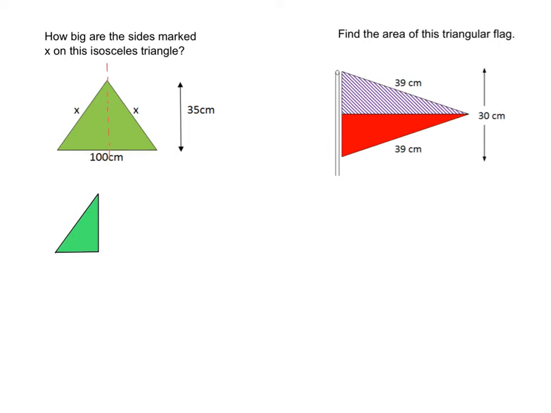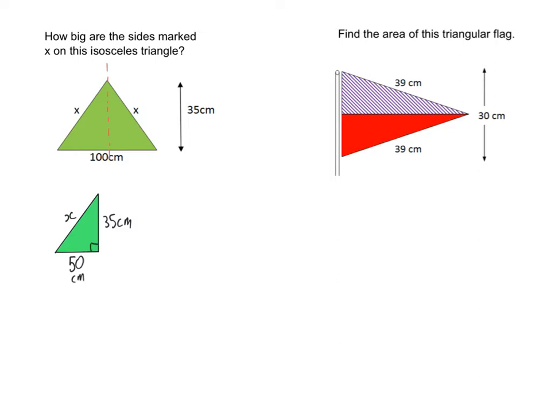So it means if this side is x, the height of the triangle, the height up and down the way, is 35 centimetres, and the base has been cut in half. So this 100 centimetres will have been split in two, and that will have been split to 50 centimetres.